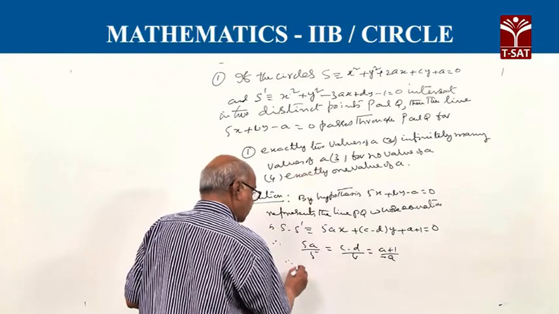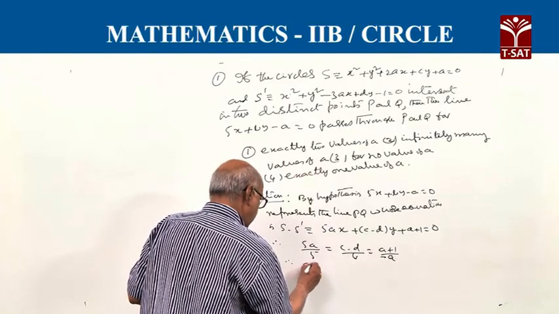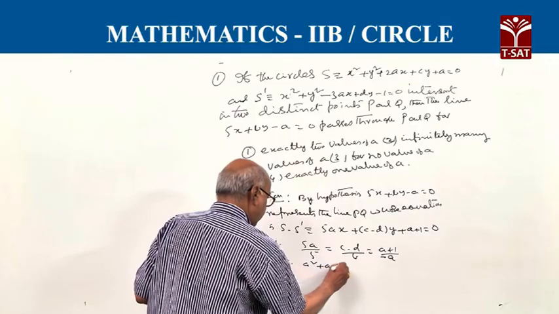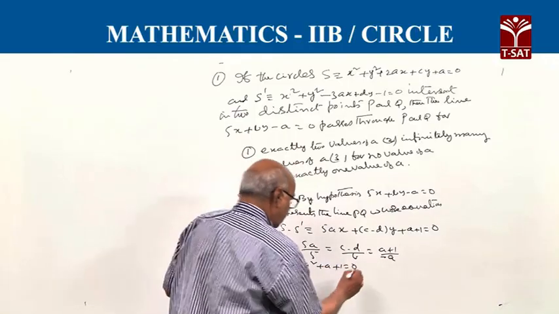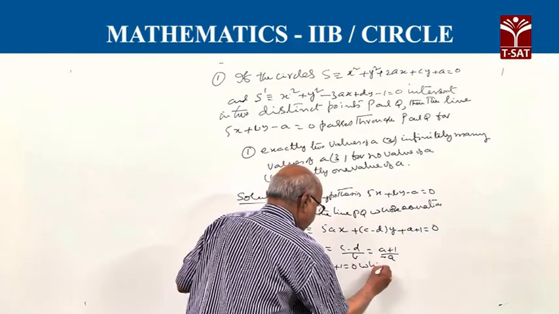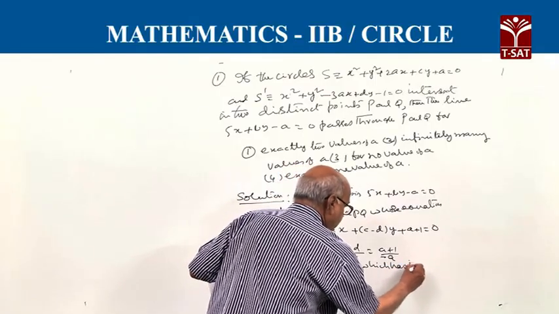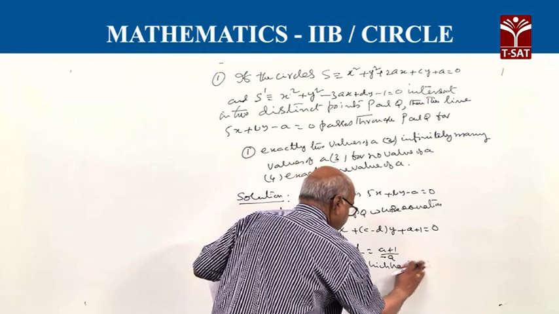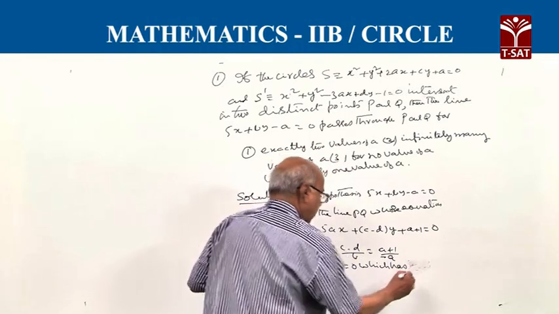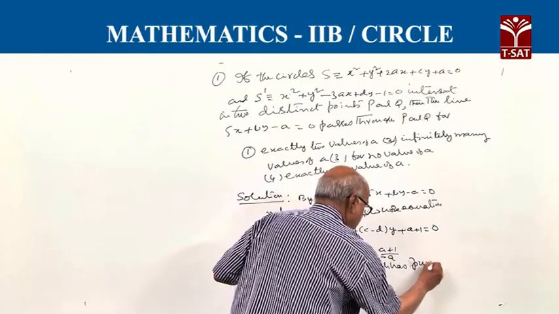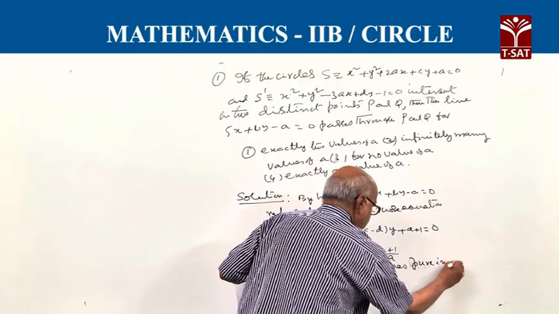So, that indicates that a square plus a plus 1 is equal to 0, which has pure imaginary roots.